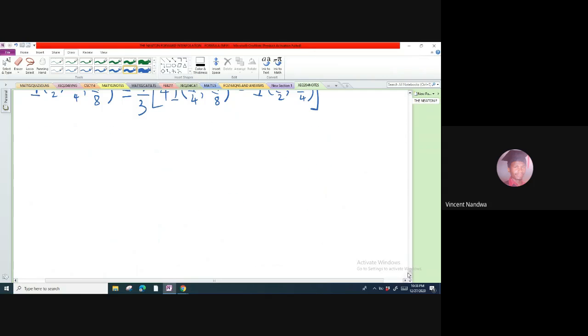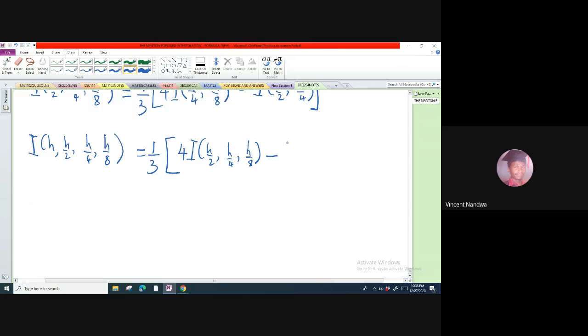And the next value, I of h comma h over 2 comma h over 4 comma h over 8, is given by a third into 4I of h over 2 comma h over 4 comma h over 8 minus I of h comma h over 2 comma h over 4.